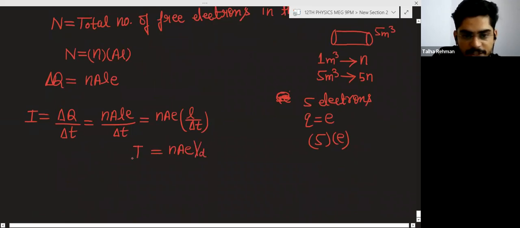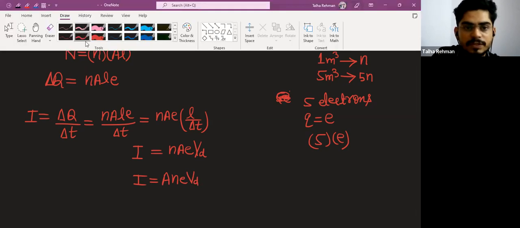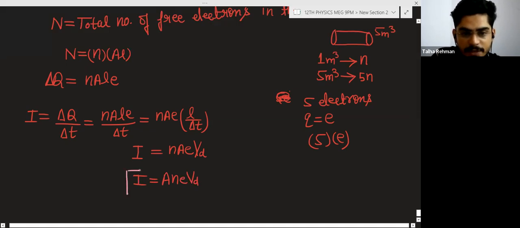So the relation between the current and the drift velocity is I equals A n e Vd. This is the relation between the current and the drift velocity.